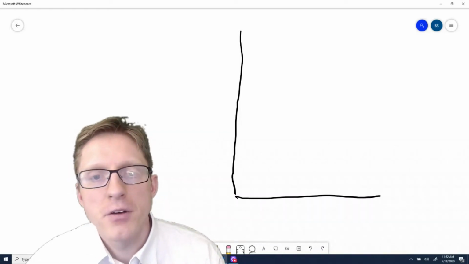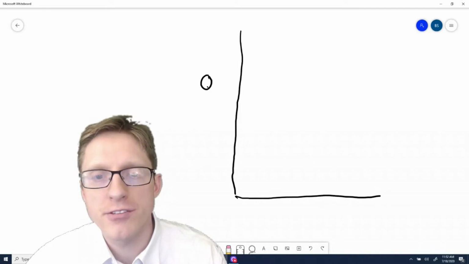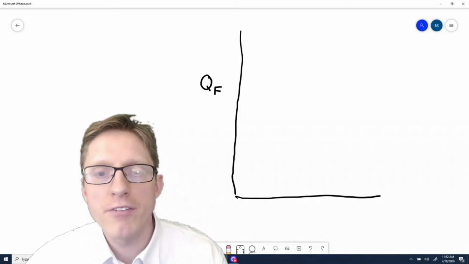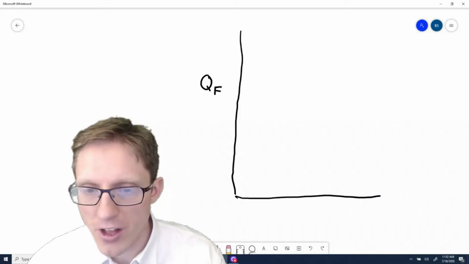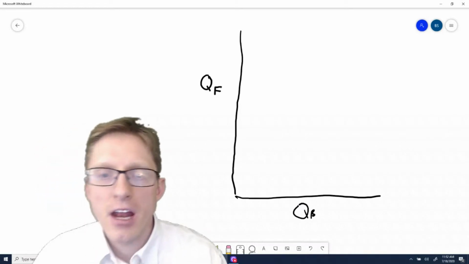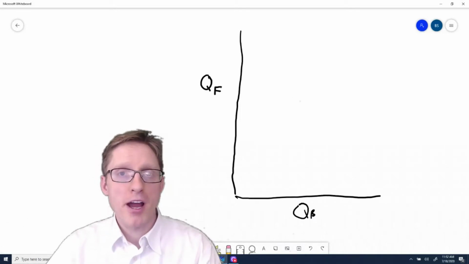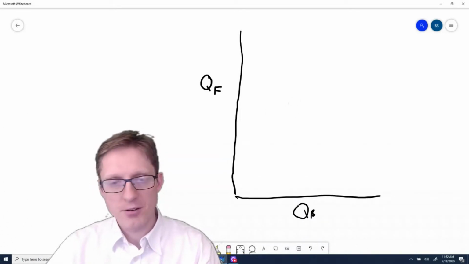So what I'm going to do is draw a graph with two goods, where the quantity of one of the goods is on the vertical axis and the quantity of the other good is on the horizontal axis. And I'm going to call these two goods F and B. I'm going to be inspired by my trip to Scotland when I studied abroad as an undergraduate student.